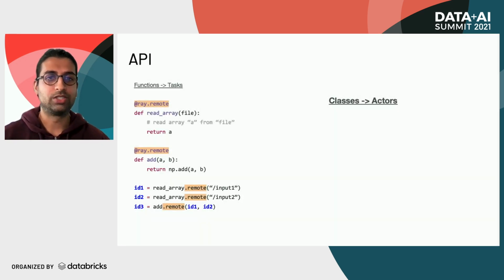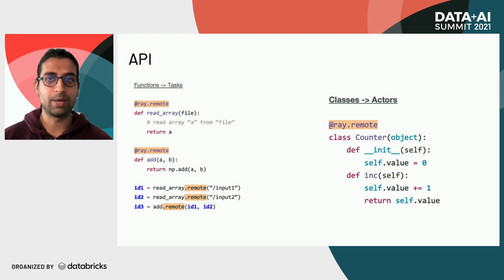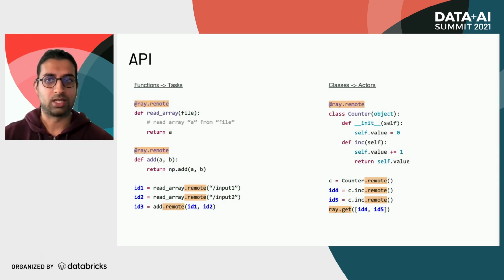So now I'll introduce another key Ray feature, actors, and these are essentially remote classes. As an example, here's a simple Python class with a method for incrementing a counter. You can add the remote decorator to convert it into an actor. Then when we instantiate the class, a new worker process is created somewhere in the cluster that hosts that actor, and each method on that actor will create tasks that are scheduled on that worker process.